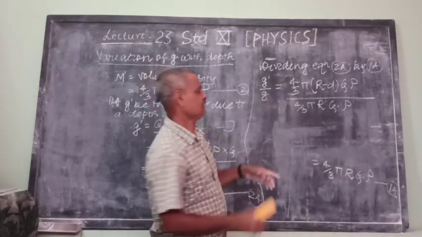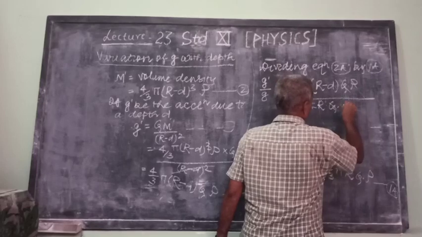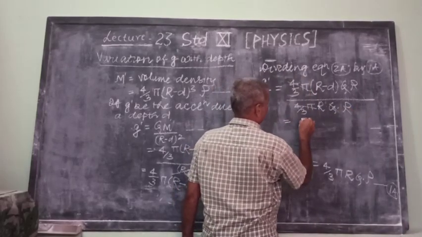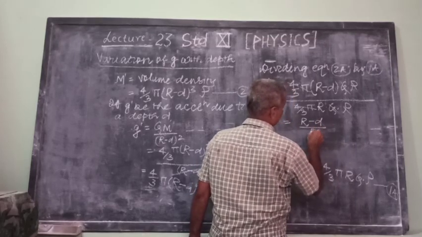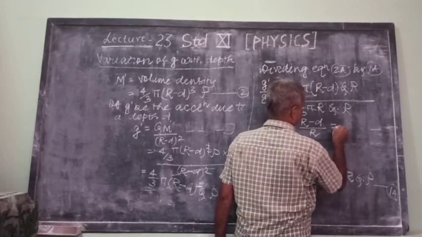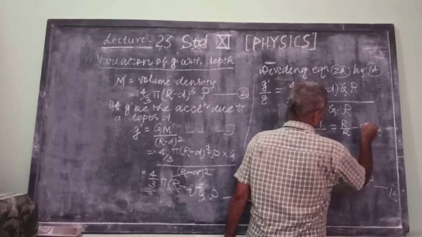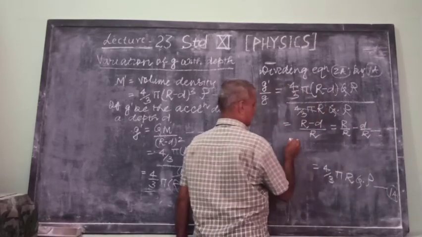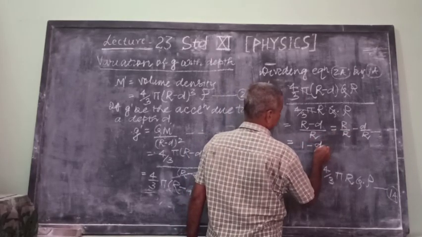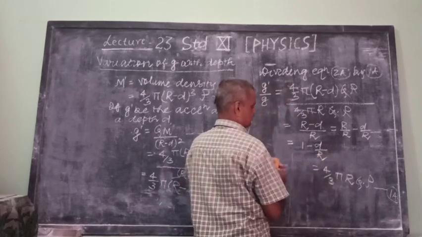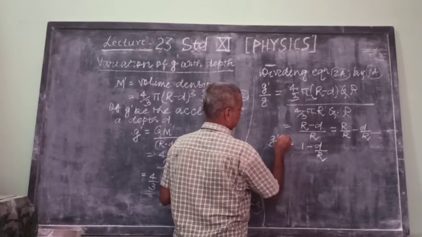Are you getting? 4 by 3 pi cancel, g into rho cancel. So it will be r minus d by r, and mathematically we can write it as r by r minus d by r, and r by r it will cancel, 1 minus d by r. This is the value of g dash by g.